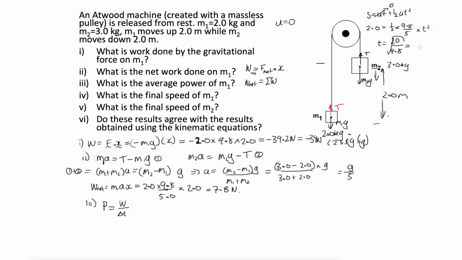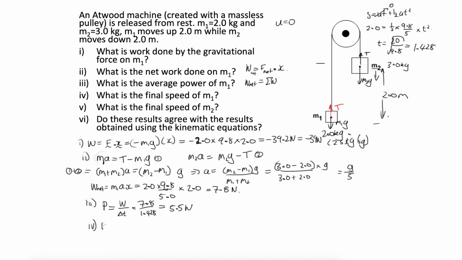And when we solve this, it is equal to 1.428, and so we have that the net work, which is 7.8, divided by the time, which is 1.428, is equal to 5.5 watts. And then part 4, we're asked what is the final speed of M1.